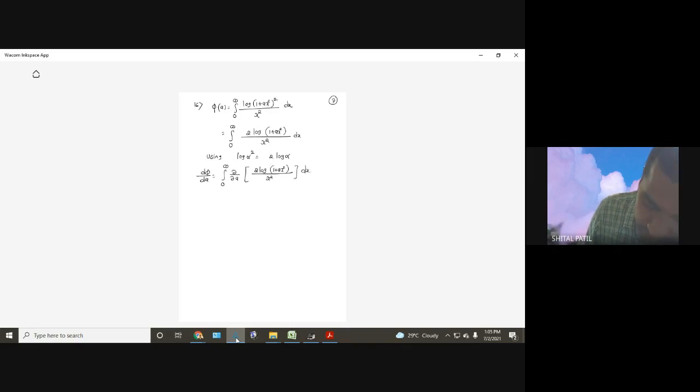So differentiate partially with respect to a. 1 upon x square is constant. 2 in the numerator. The derivative of the log term is 1 upon 1 plus ax square into the derivative of 1 plus ax square with respect to a.